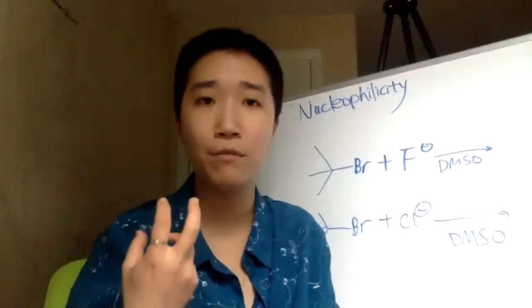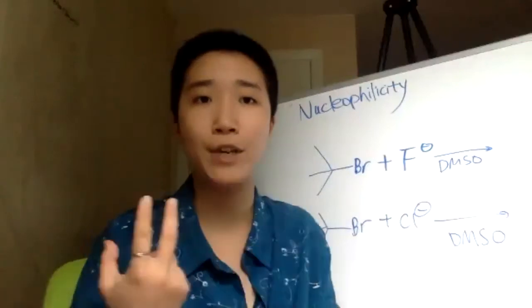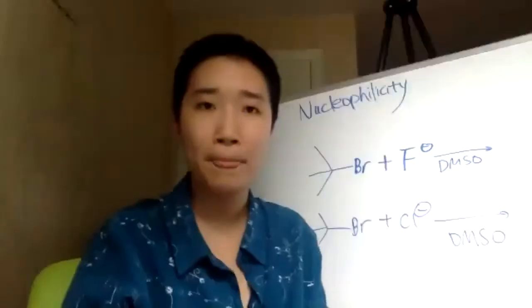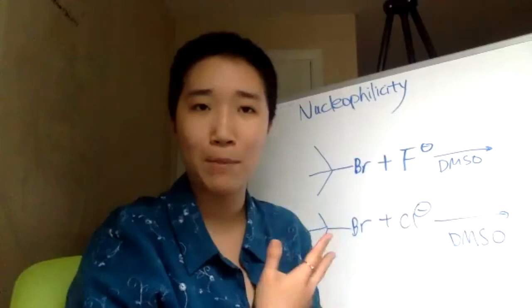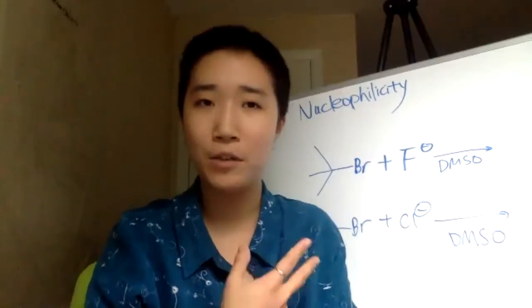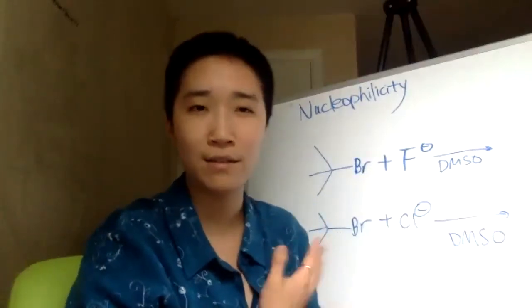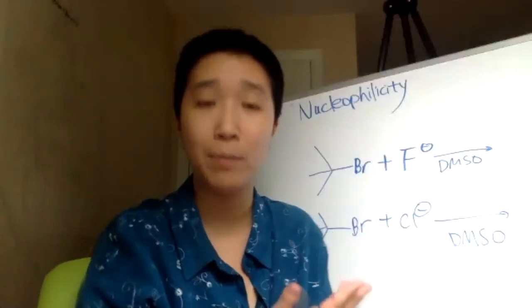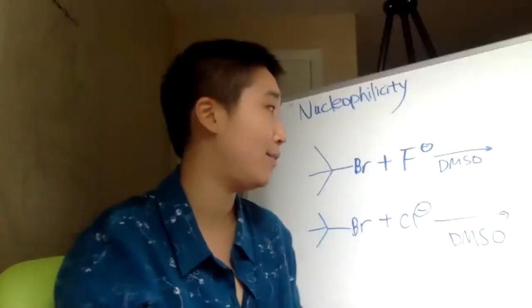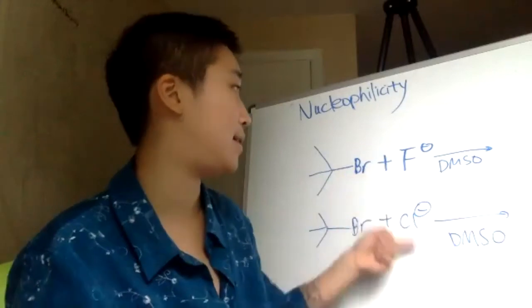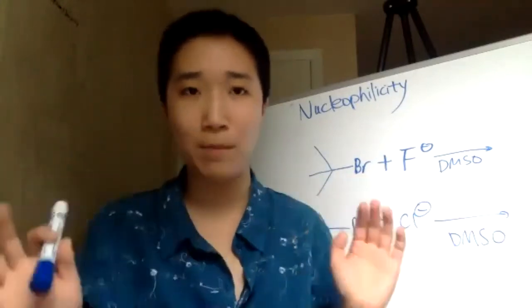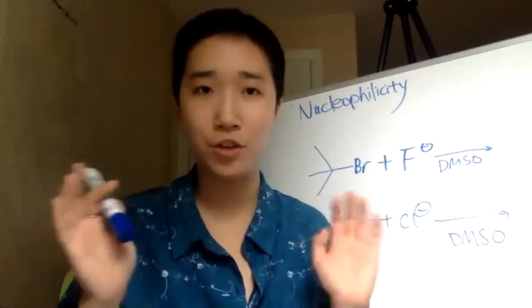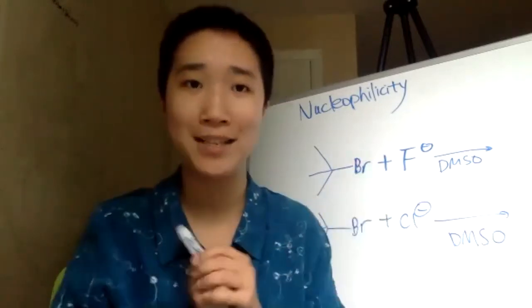To measure nucleophilicity, we use the rate of reaction. We correlate positively. Therefore, by just looking at F minus and Cl minus, it might be difficult for you to determine, under this set of conditions, which one is the better nucleophile. But for the rate of reaction, I can tell you that this first one is definitely going to be the faster one. That's experimentally determined, which we cannot do in our heads.